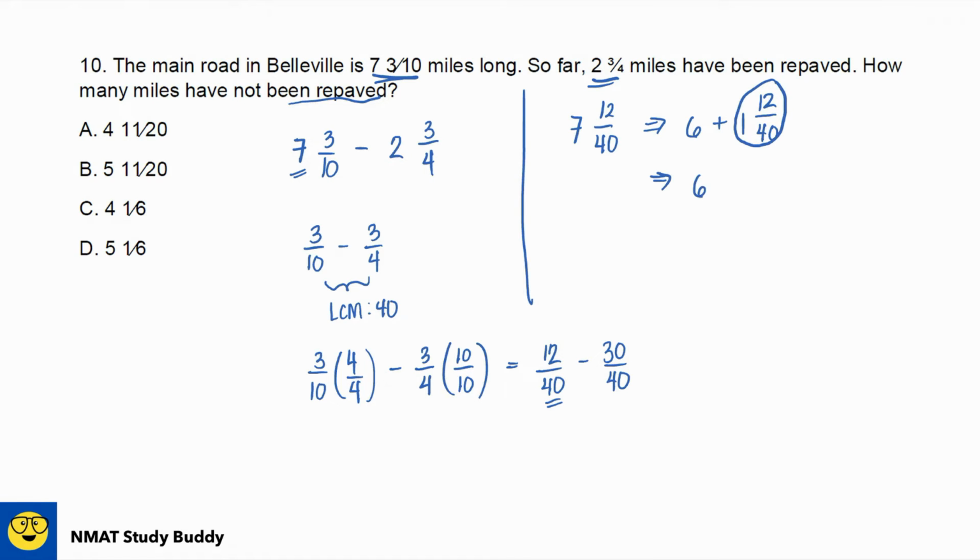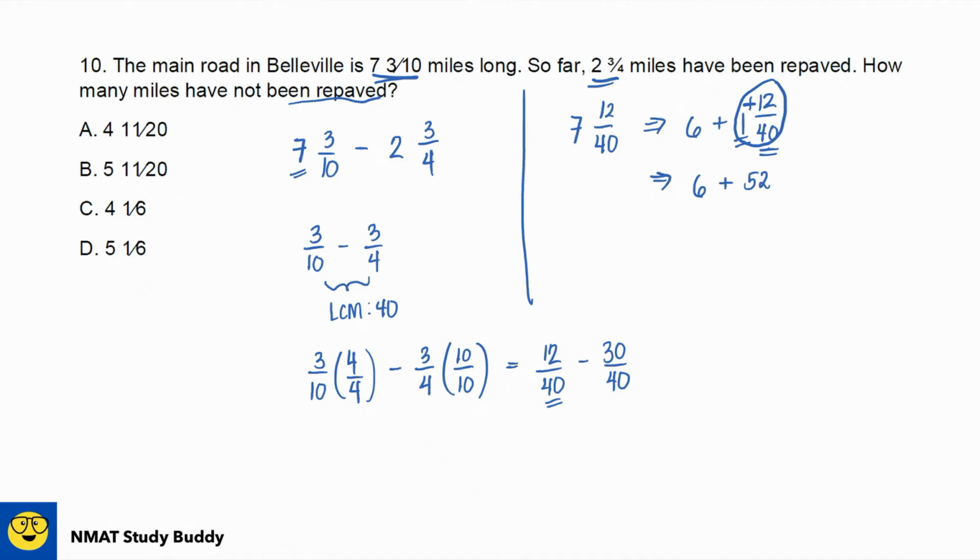Pwede nyong isearch sa YouTube kung paano mag-transform ng mixed number into improper fraction. Pero madali lang yun. Just multiply the denominator by the whole number and then add the numerator. So, 40 times 1 is 40 plus 12, 52.